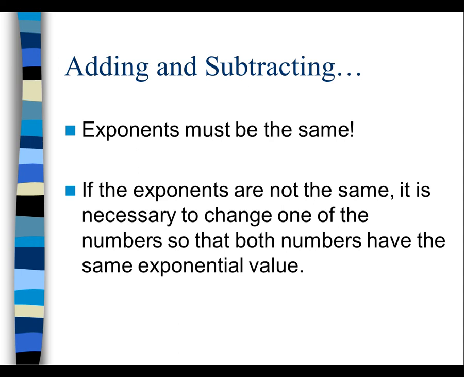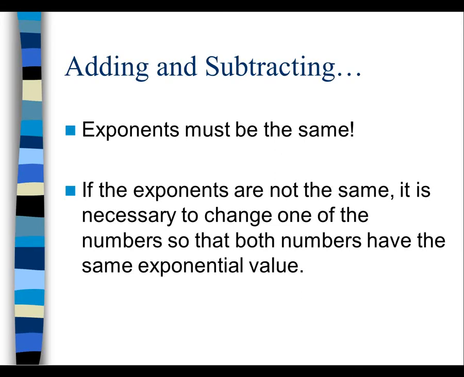If the exponents are not the same, it's necessary to change one of the numbers so that both numbers have the same exponential value. It can be a negative exponent, but as long as you're adding and subtracting one that has the same negative exponent.